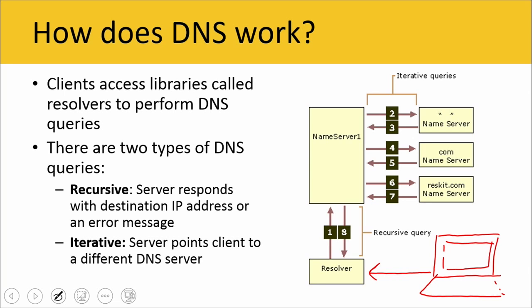The root name server may have the address. If it doesn't, it's going to tell it where to go, and maybe it tells it to go to the COM server. So the root server says, no, I don't have it, but I can tell you where to find the COM server. Well, then the COM server sends back perhaps the IP address. And then we just skip straight to step 8. The resolver then sends us back the IP address, and all of a sudden, here we are. We have Bing on our screens. Okay.